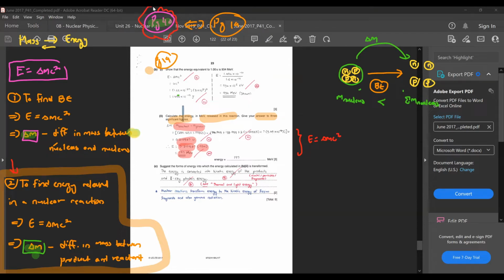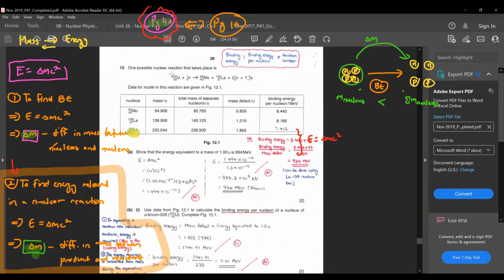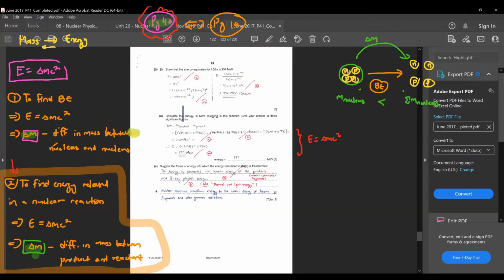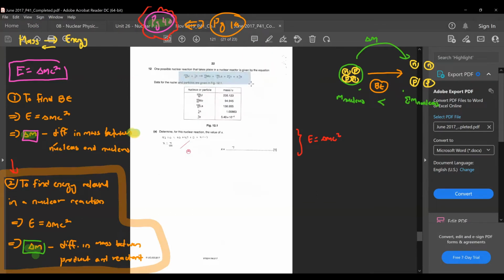Now, if you look at page 40 and look at the equation that is given to you, notice that this equation is exactly the same as the one in page 19. Same equation, same reaction.